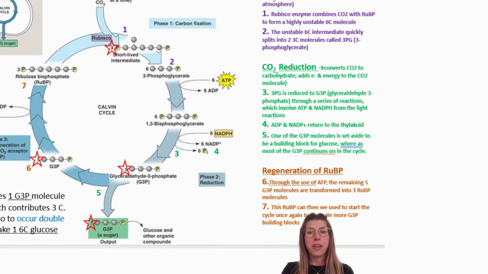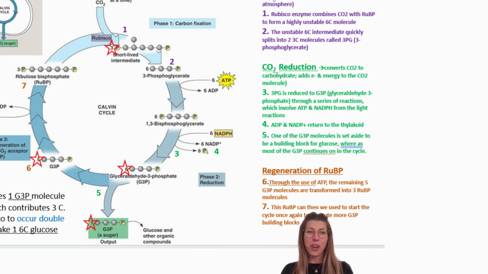So 6 plus 3 gives us 9 ATP. We also need 6 NADPH. You can see the 6 NADPH also coming into play when CO2 is reduced around stage 3 and 4. So this is the energy requirement to make one molecule of G3P that is released. But when we're talking about an entire glucose molecule, remember, we have to double that.